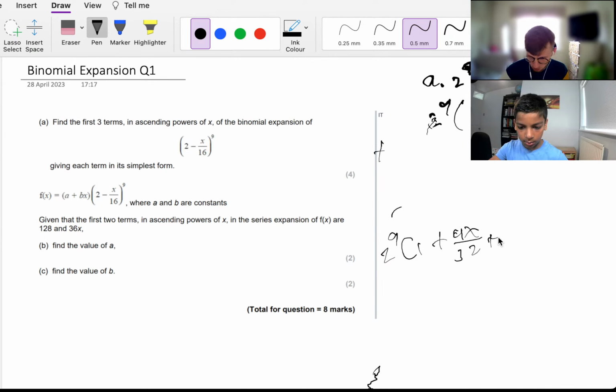Well, with this one, remember that it's a natural power of n, so all we have to do is 9 choose 2 times by that.